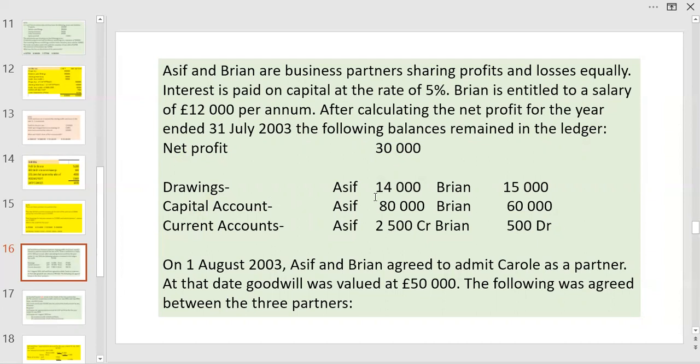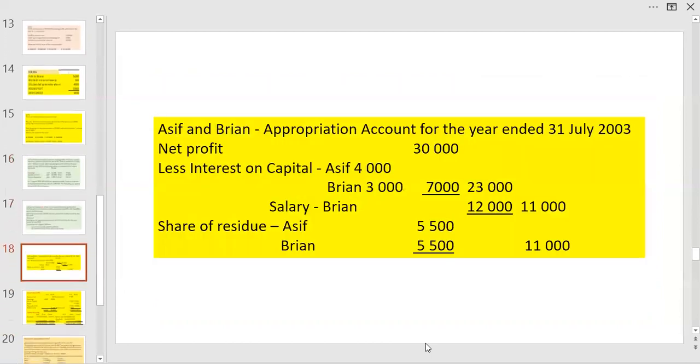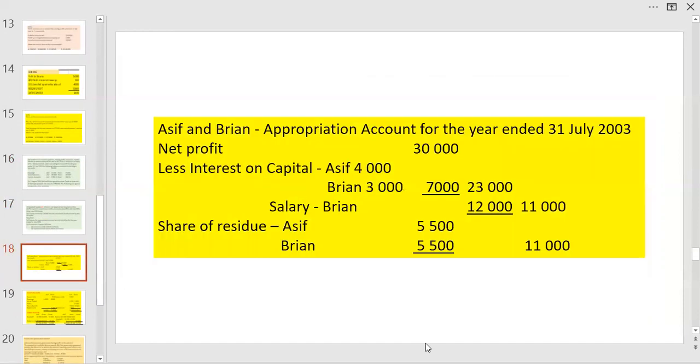Net profit of 30,000, drawings are given. Opening capital and current account balances are given. In the appropriation account, net profit 30,000, interest at 5% calculated on capital, 7,000, is deducted, salary of 12,000 is deducted, and the remaining profit is equally divided, which is 5,500 each.